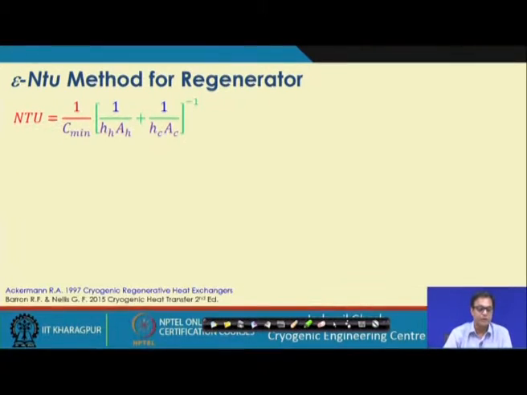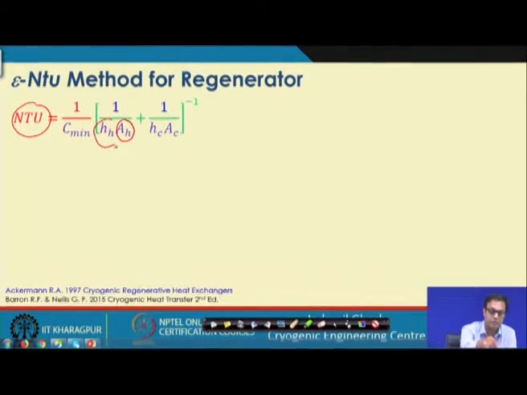Otherwise, if we look into this definition of the NTU, it comprises the hot side heat transfer area, the hot side heat transfer coefficient, the cold side heat transfer coefficient and the cold side heat transfer surface area.